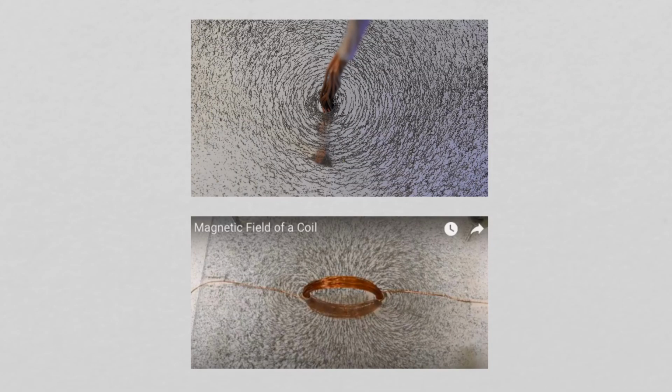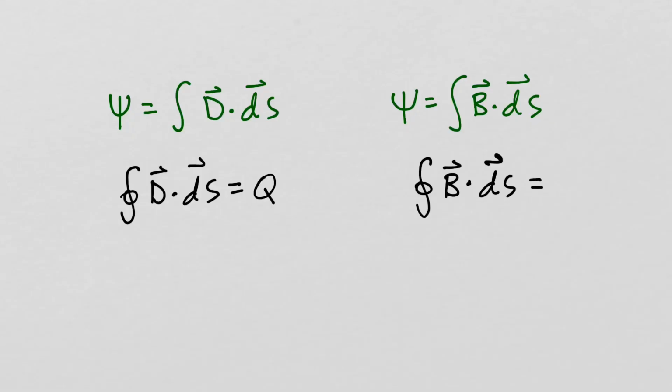When we visualized magnetic fields resulting from current-carrying wires, we found that those magnetic field lines always closed on each other. So we can't find a source and sink for magnetic flux density like we can for electric flux density, the charge.